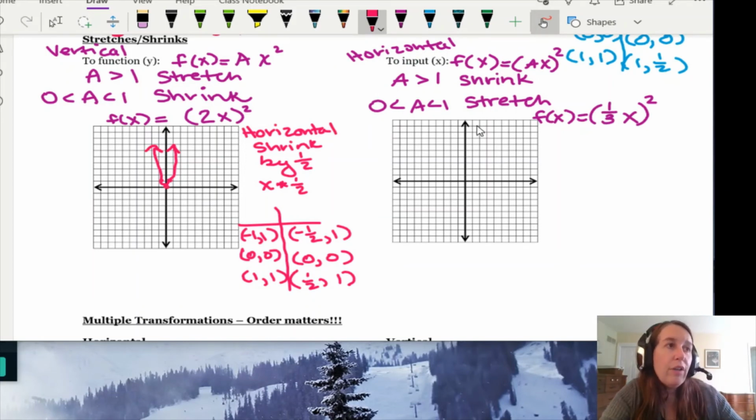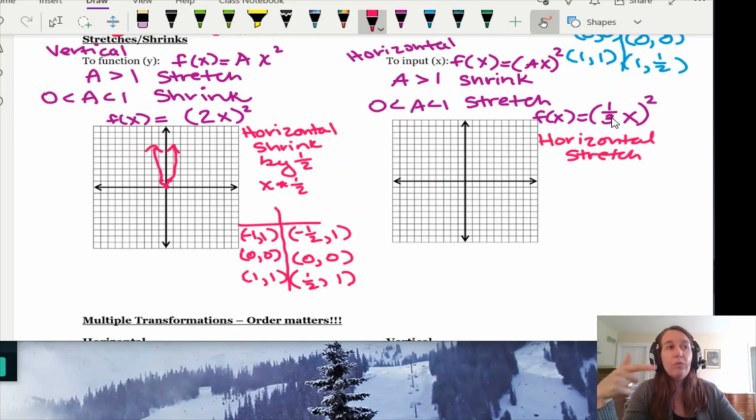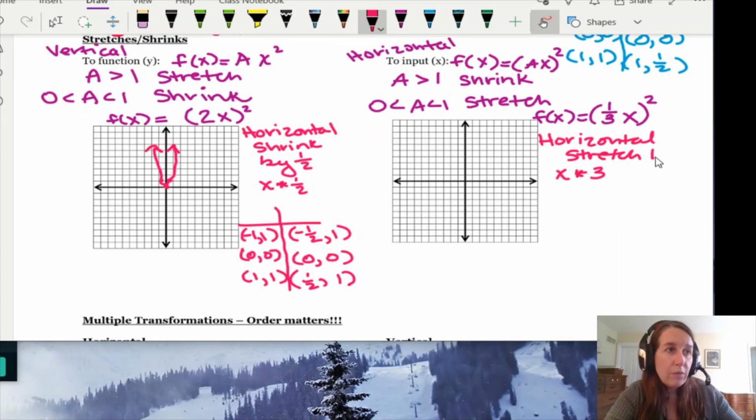Now for f of x is parentheses 1/3 x parentheses squared. This is also horizontal because it's happening in the parentheses, but it is a stretch because to undo what's happening to x, you would multiply by 3, right, to get that out of the parentheses. So this would be x times 3. This was a horizontal stretch by 3.